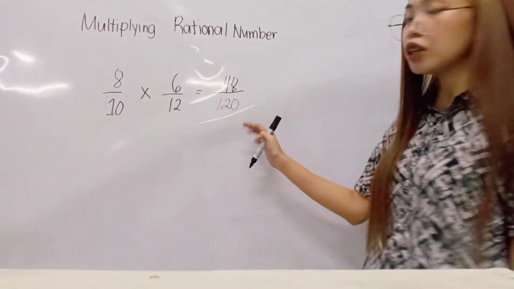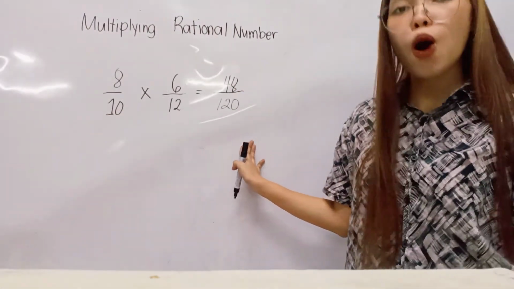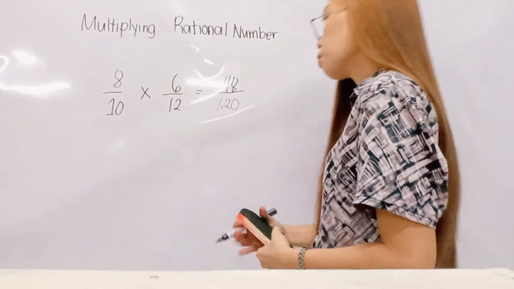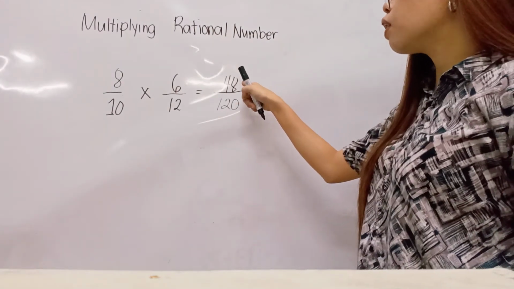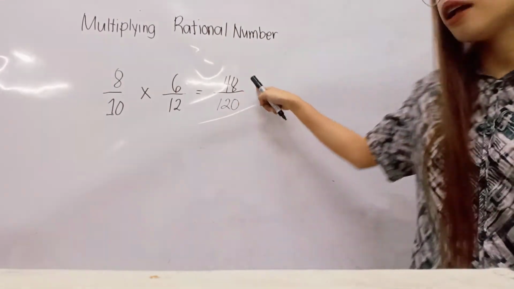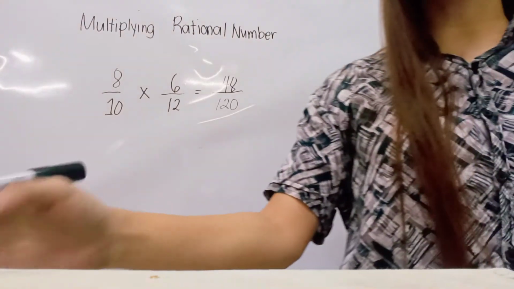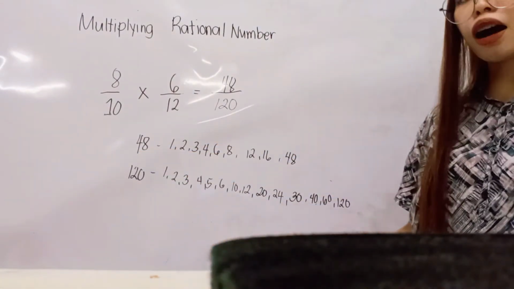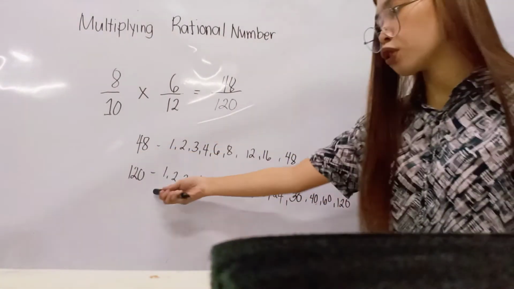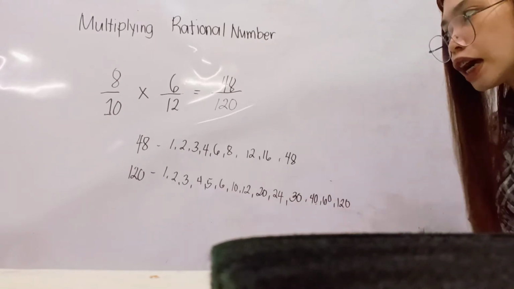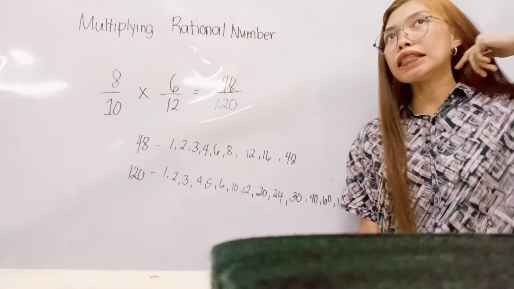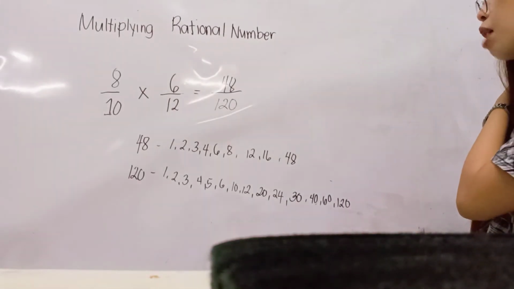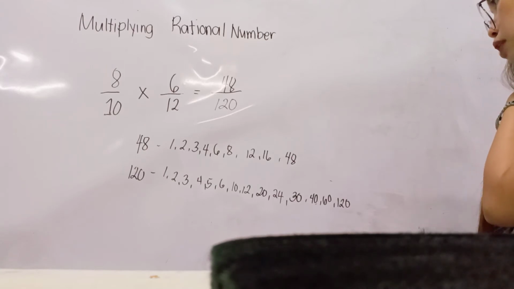So, if you already get your answer, you need to make it into its lowest term. So, list down all the factors of 48 and the factors of 120. Okay, so here are the factors of 48 and the factors of 120. Now, we are going to identify which is the greatest common factor of the two numbers. Ano ang pinakamalaki na pareho sila dalawa?